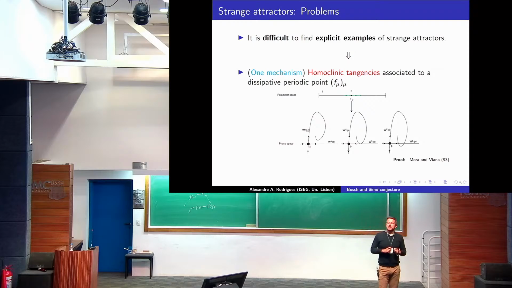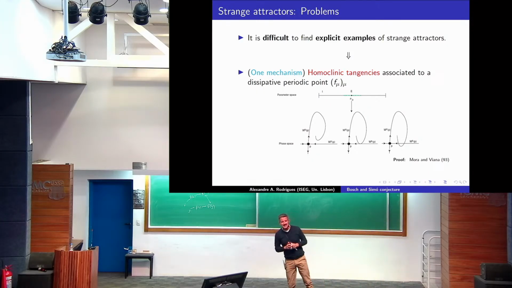One of the most well-known mechanisms for strange attractors is a result by Leonardo Mora and Marcelo Viana in '93. And he's saying the following: suppose that I have a family of diffeomorphisms in R2.